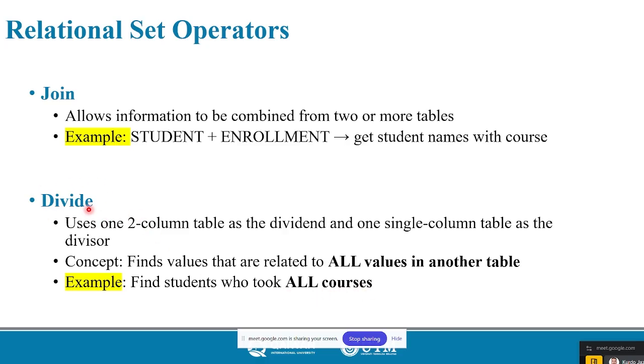Now, this would be divide. Find the student or all those students who took all the courses. For example, in our university database, we want to find how many students took all the courses. For example, 5 courses are now open. Let's take a look at how many students enrolled for all 5. Okay.